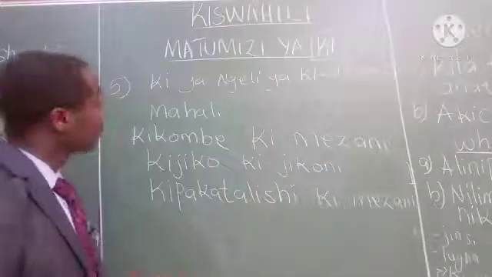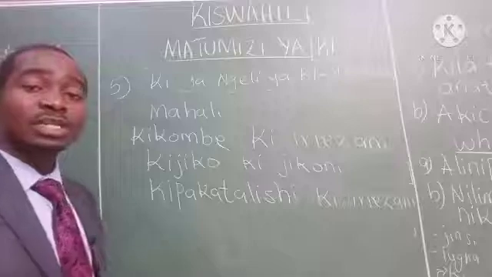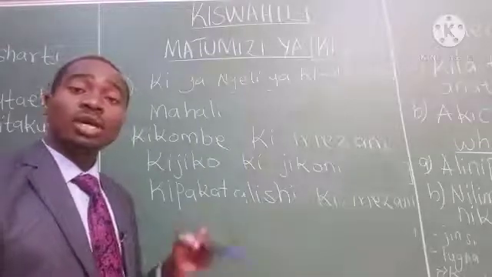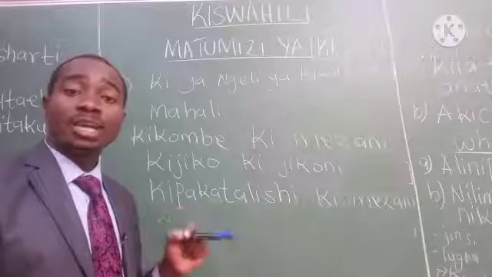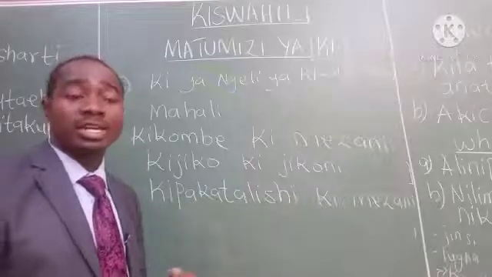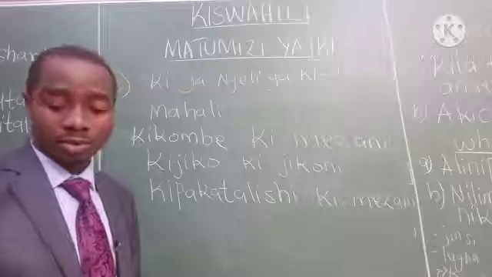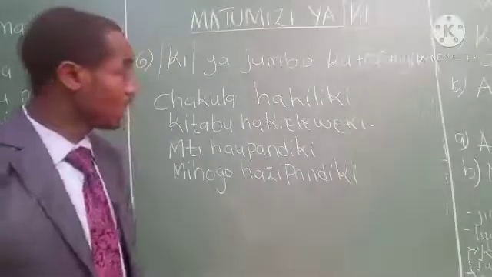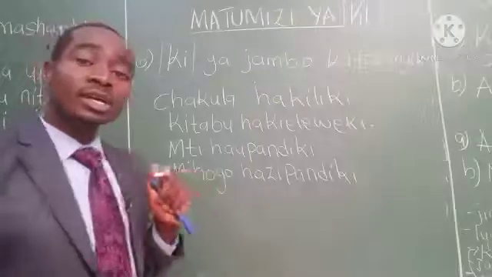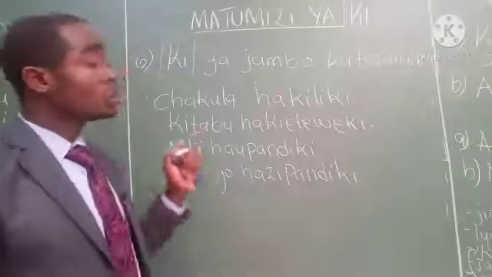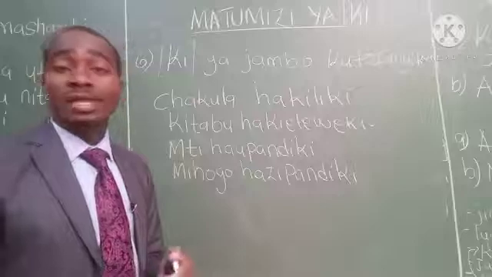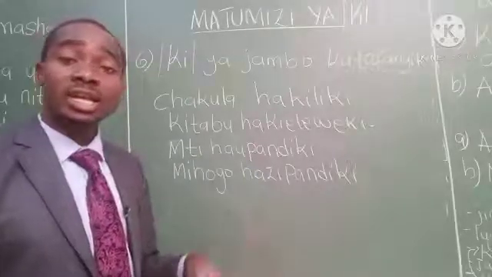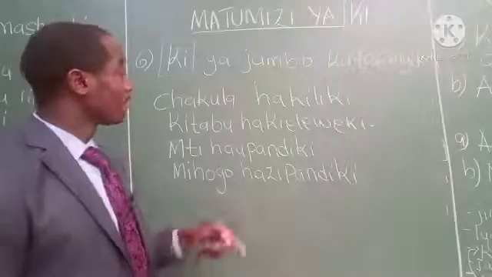So we are going to the next use of ki, which is ki to show something being undoable. It is not doable. We are going to learn the use of ki to show that something is undoable, and it is actually the negation of hali ya kutendeka.